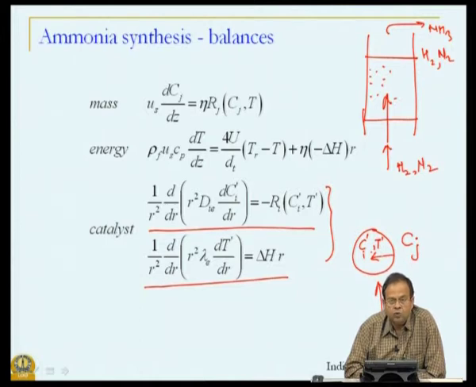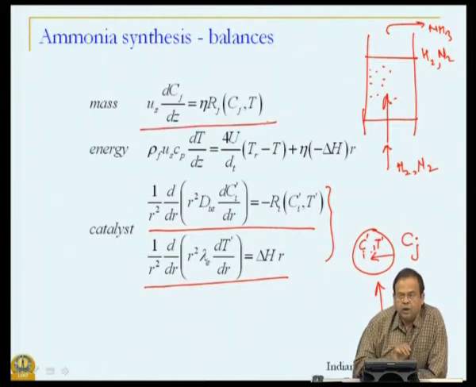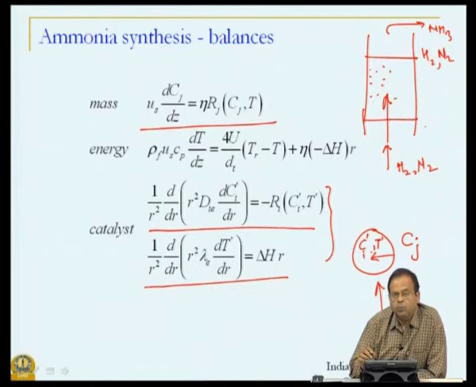And the way we do this, for sake of simplicity, is we will use the concept of effectiveness factor. So, if you look at this mass balance equation, I am going to assume a plug flow in the fixed bed reactor.